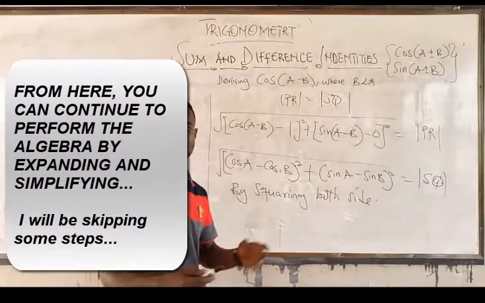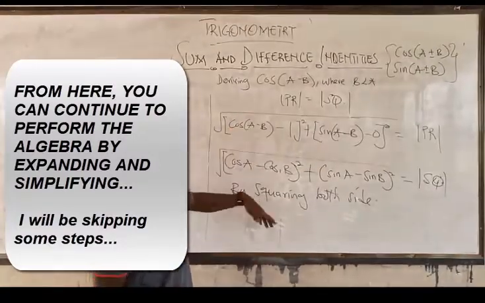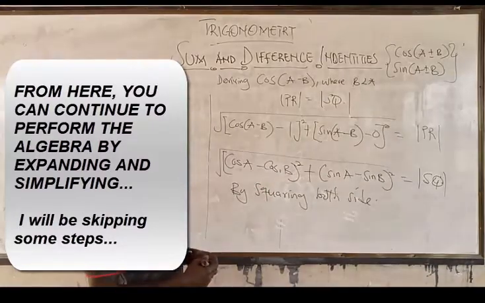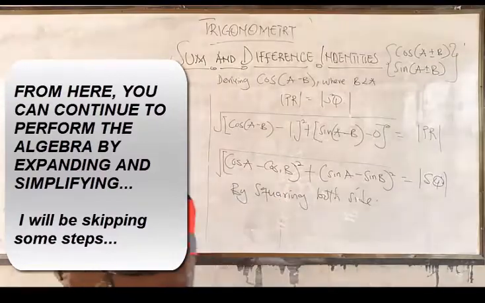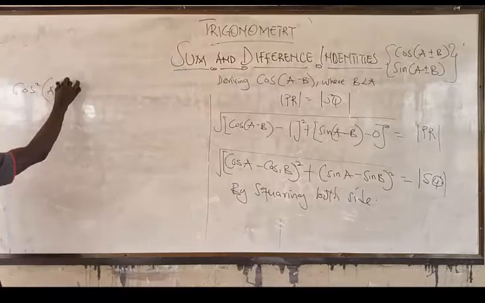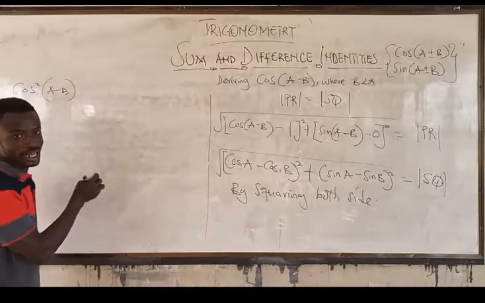So when you square both sides, the root will go. So we are going to get something like cos square A minus B. When you do that, that's what you're going to get.